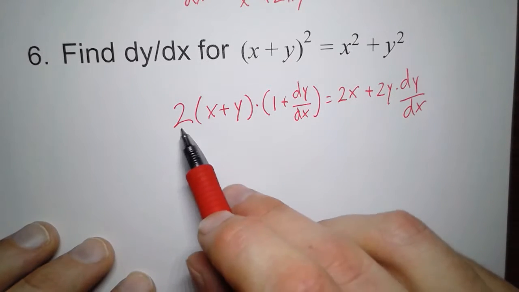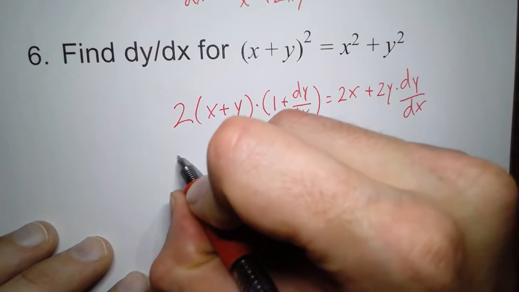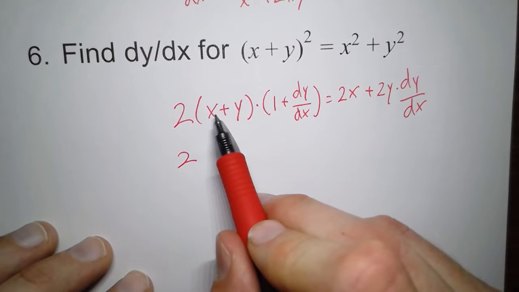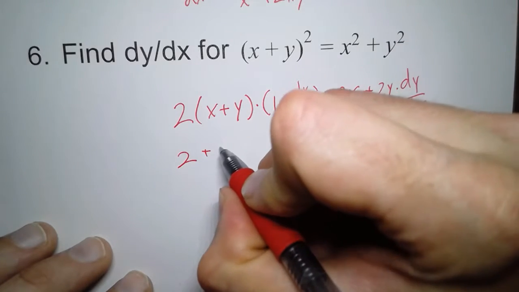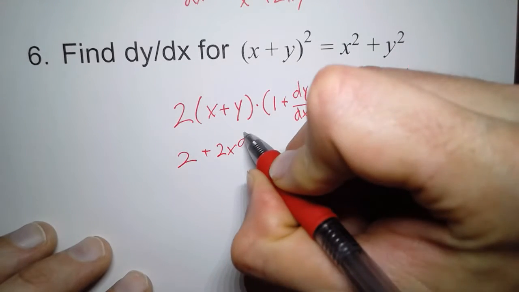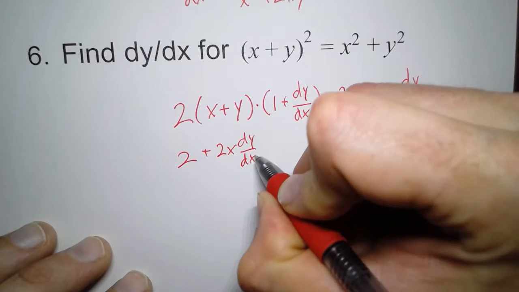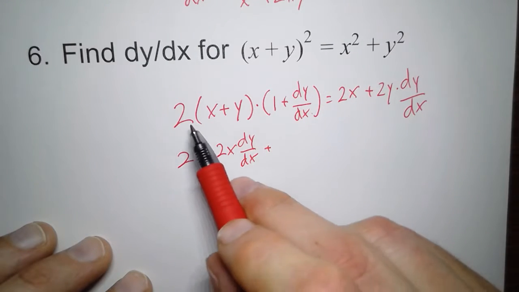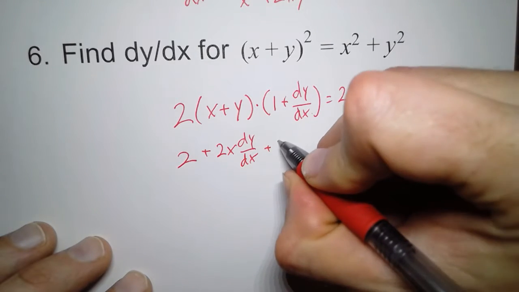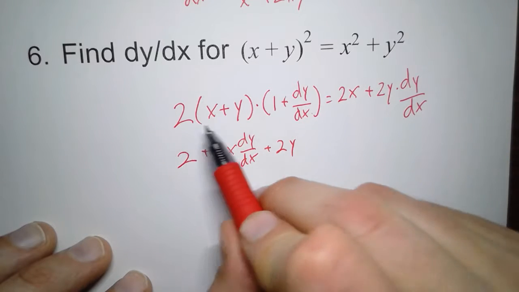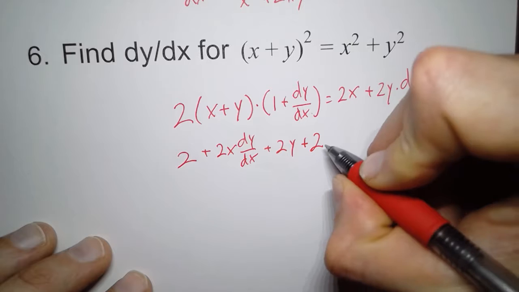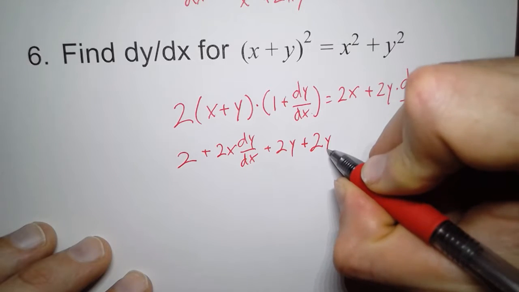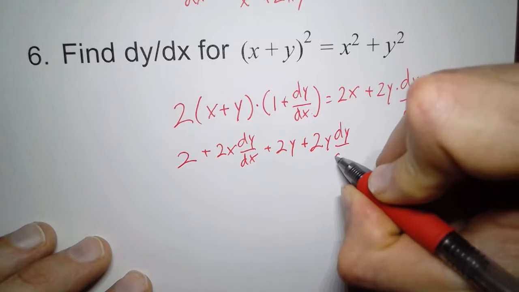So 2 times x times 1 is 2x, 2 times x times dy/dx, so that's 2x dy/dx. 2 times y times 1 is 2y, and 2 times y times dy/dx. So actually, we have two terms just on the left that have dy/dx in them.